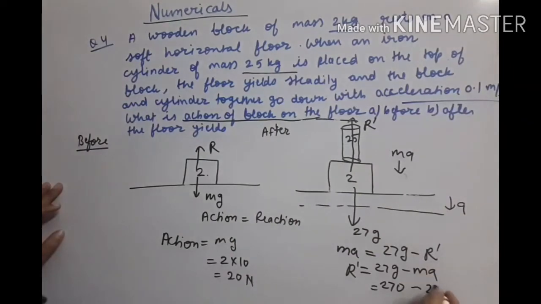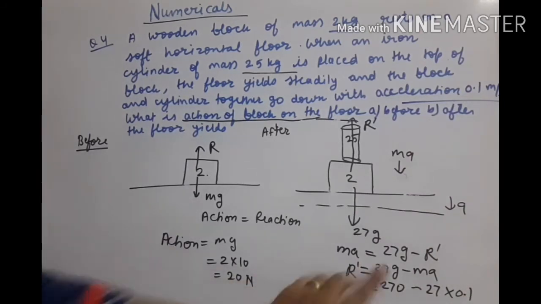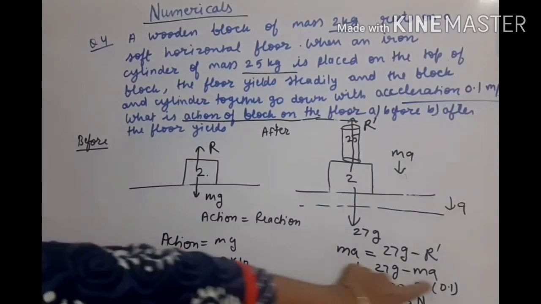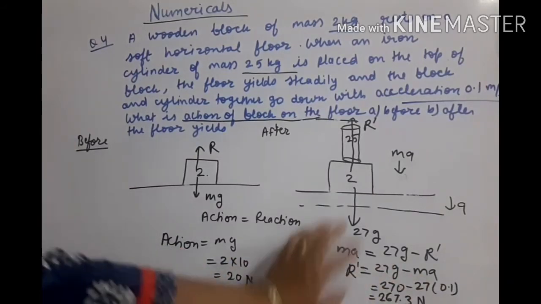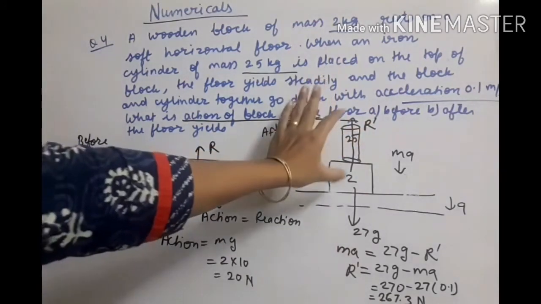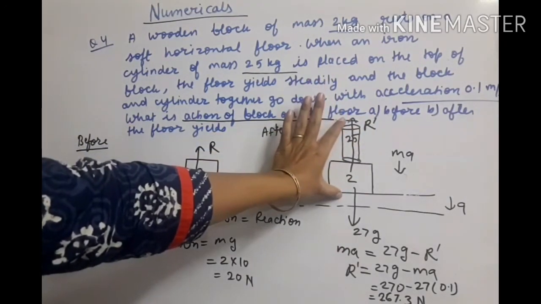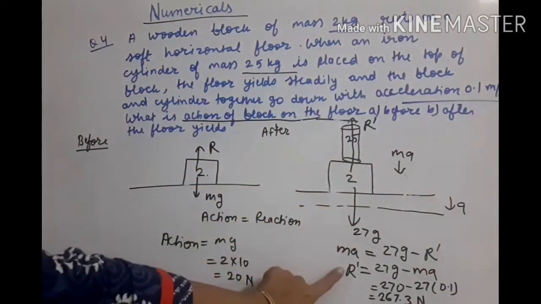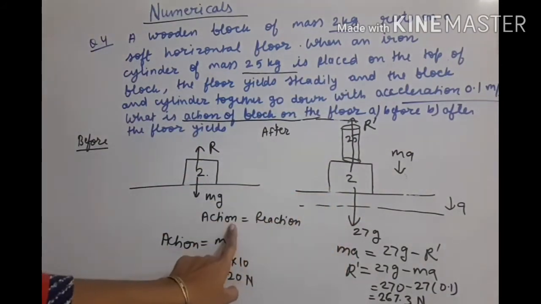The total system means 27 kg is the mass and acceleration is 0.1, given in the question. So finally the answer of reaction is 267.3 Newton after subtracting. Whatever is the reaction to this whole system of block and cylinder, the same is the action force. So by solving the reaction we got the action answer.